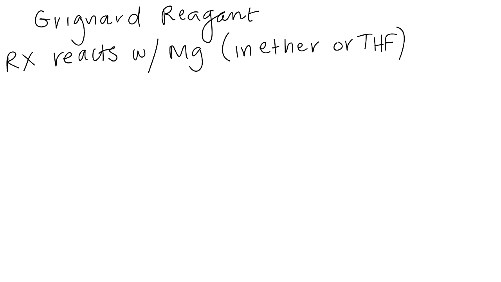So your Grignard reagent is going to be RMgX. So just like what we saw with the lithium goes in between the carbon and the halogen. Same thing here. Our magnesium goes in between. So this creates an organometallic compound.